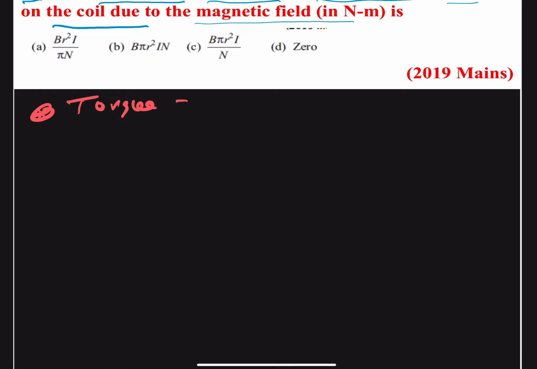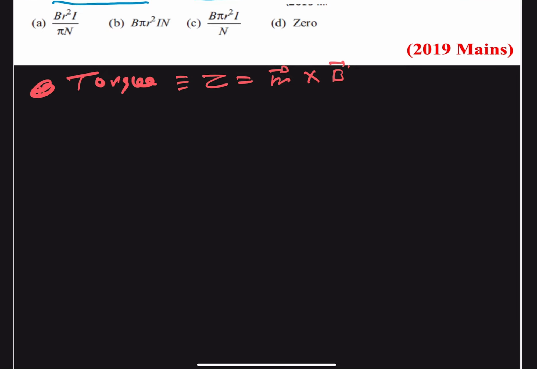Torque tau is our magnetic moment cross magnetic field, and our magnetic moment, that is our m, is equal to NIA, where n is the number of turns, I is the current, and A is the area vector.